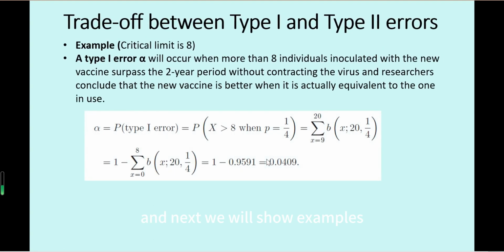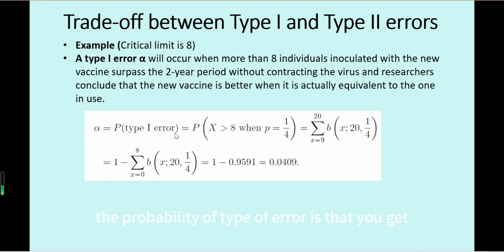Next we will show examples to illustrate numerically the trade-off between type 1 and type 2 errors. In this example, we set 8 as the critical limit.